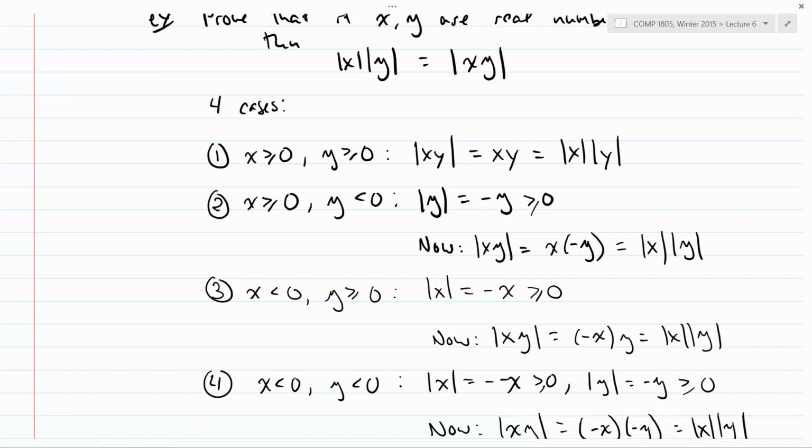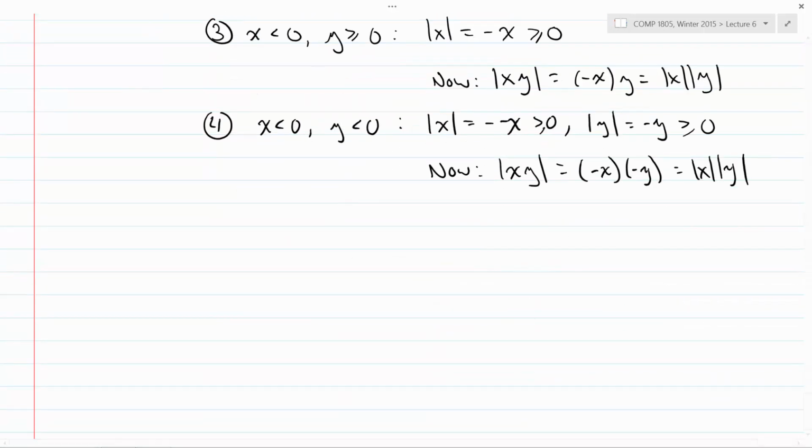All right, so let's move on to another technique. The next technique will be equivalence proofs. And this will be important for next week.